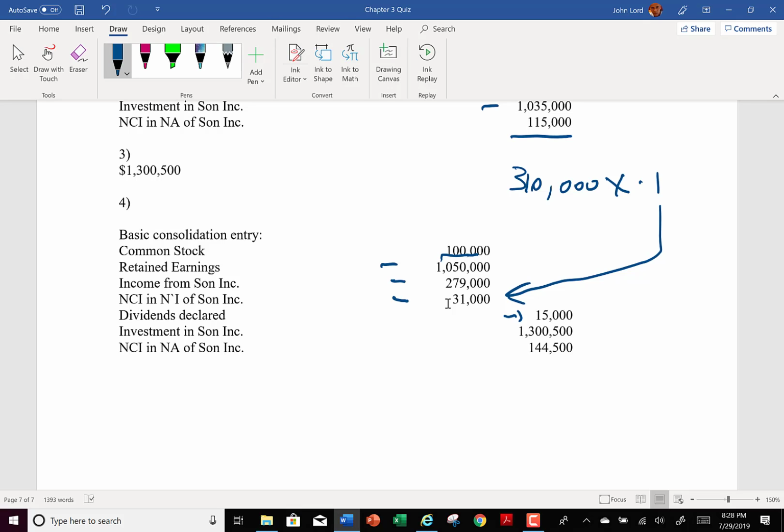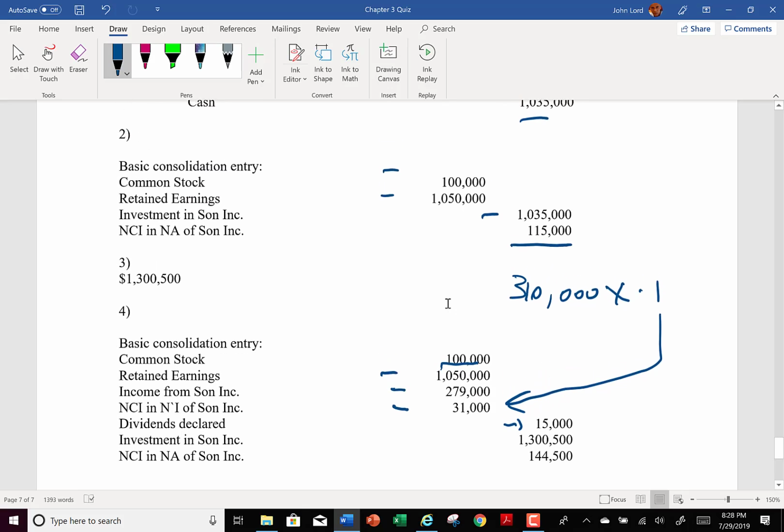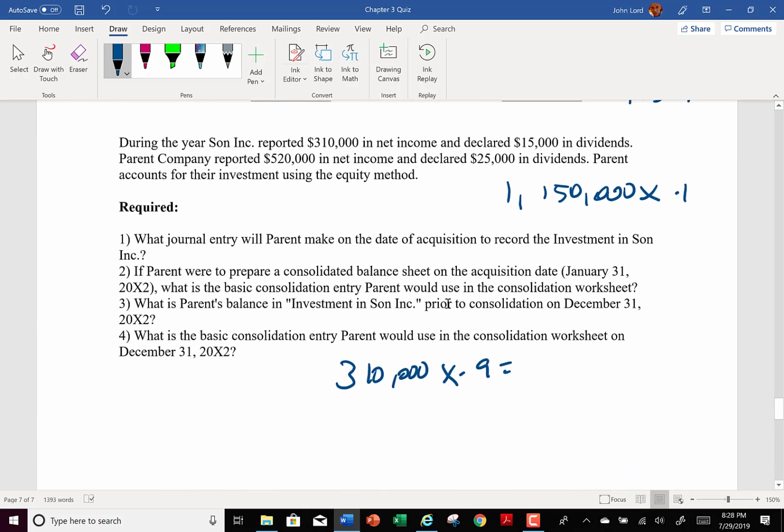Question? Did we skip number 3? Because 3 is the same. I don't know. What did number 3 want? What is the parent's balance in investment in son prior to the consolidation on December 31st, 20x2?